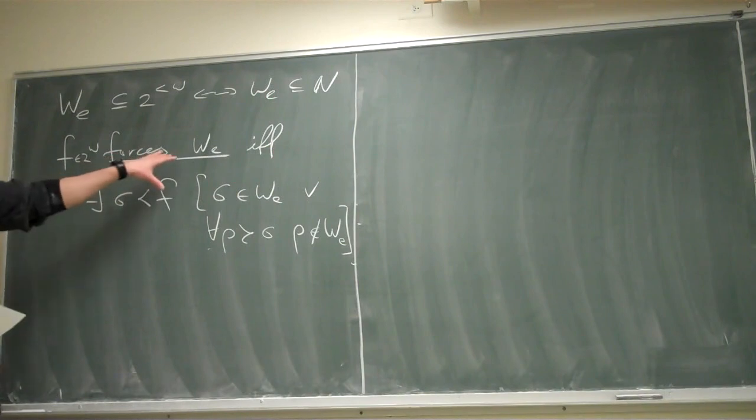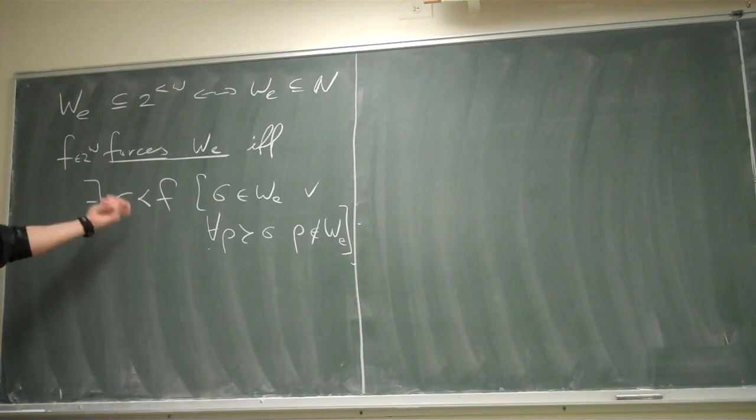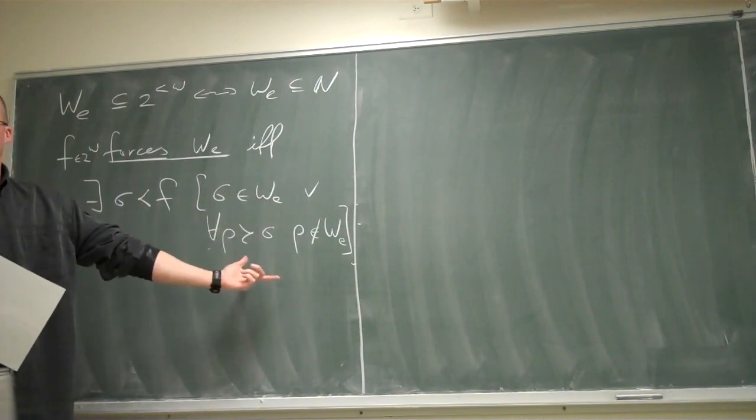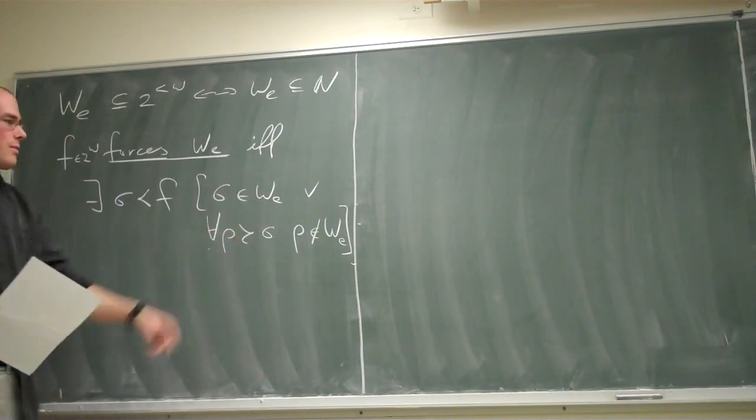So what does it mean to force WE? Well, to force WE means that some finite bit of information from F decides whether the initial segment is in there or whether there is no such initial segment.